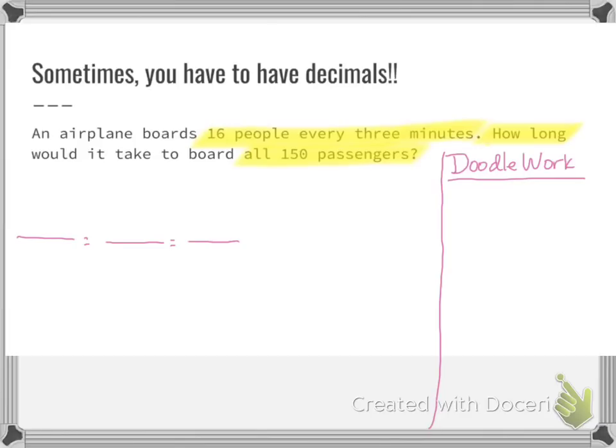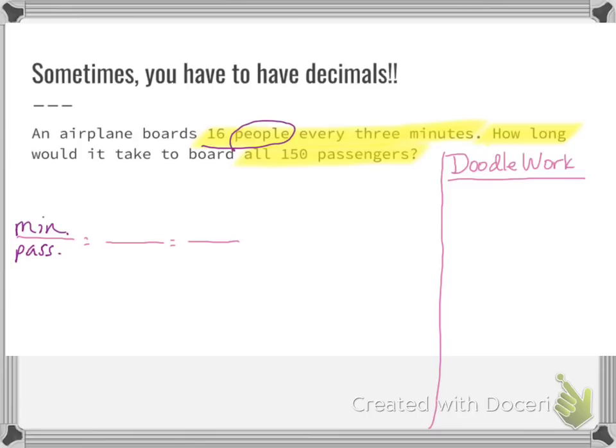When I look at this problem and I'm trying to figure out what things I'm comparing, I'm comparing the minutes to the passengers. So I'm going to write this as minutes to passengers. And I'm going to be careful because the way that I set this up, I've got to make sure I get my labeling ratio right. This is going to board 16 people.